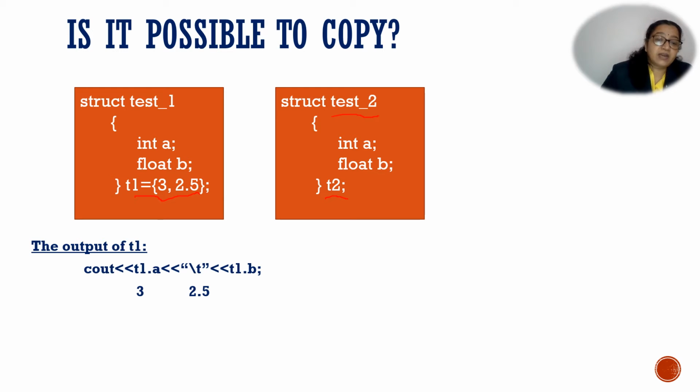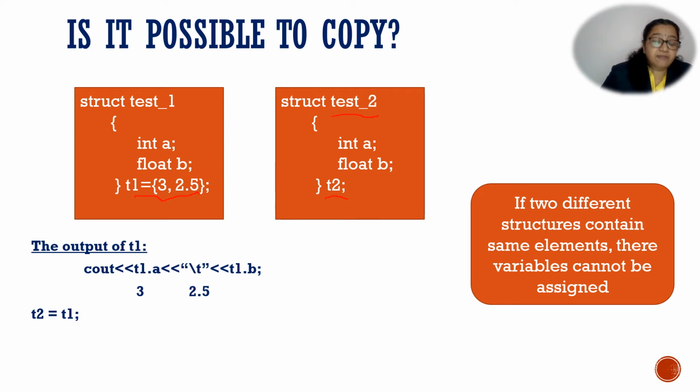The output of T1 is now T1 dot A is 3, T1 dot B is 2.5. So T2 is equal to T1. Is it possible? No, it is not possible, because T2 is the variable of test2 and T1 is the variable of test1. If they are different data types, we can't copy.